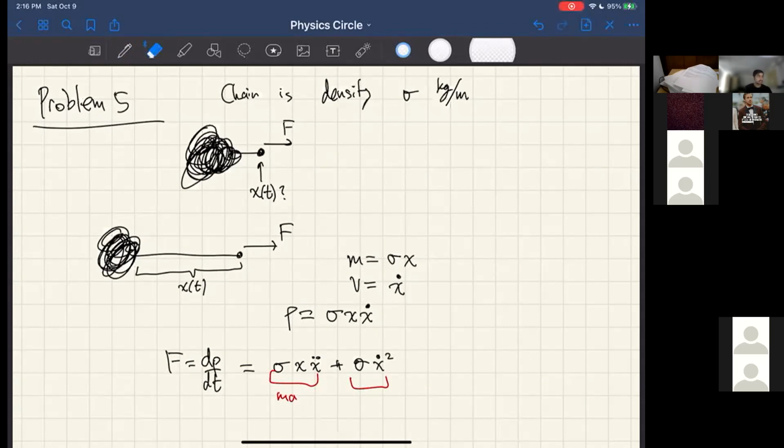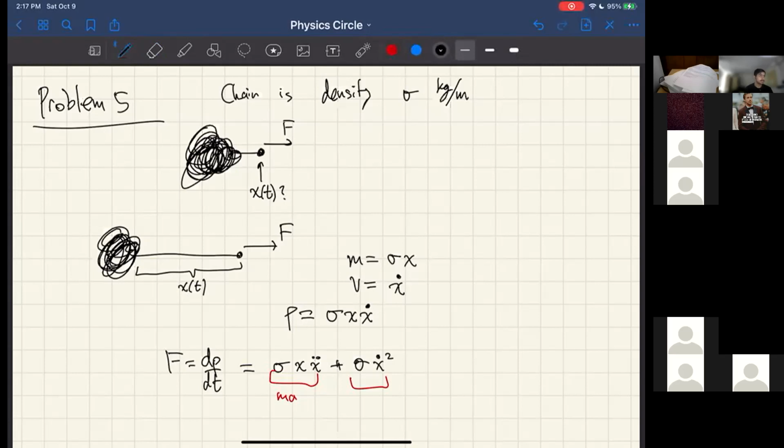It's like prime in calculus, but dot usually represents time derivative. Does that make sense? Sigma x dot squared. That's just by product rule on this.